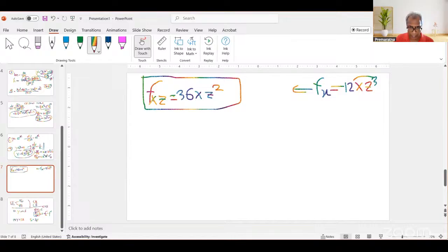Now it doesn't matter if you do the reverse version, first differentiate with respect to z, then x, no problem. Now we can see how we get the same answer.